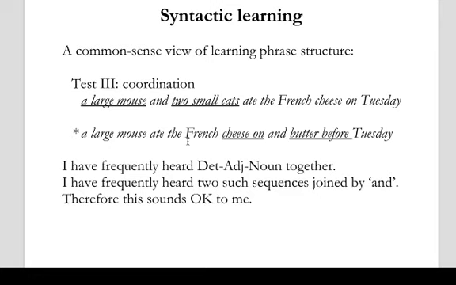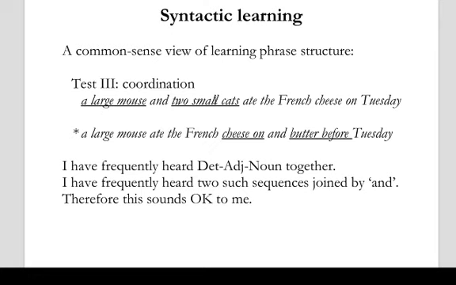Well, here's an infant, I guess it's not an infant. I guess it's an adult. It's us at this point. We're looking at these or hearing them and saying, oh, well, I've frequently heard determiner, adjective, noun together. Determiner, adjective, noun. And I know that sequences that go together a lot, like determiner, adjective, noun, can be joined together by words like and. And so I'm going to say this is fine, because these are coherent units that I've heard together a lot.